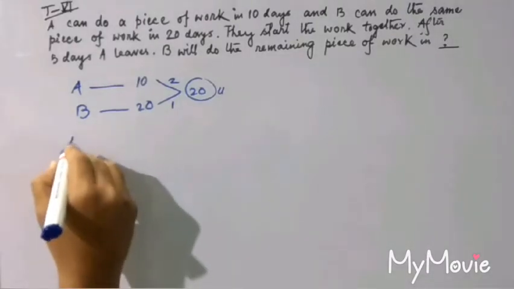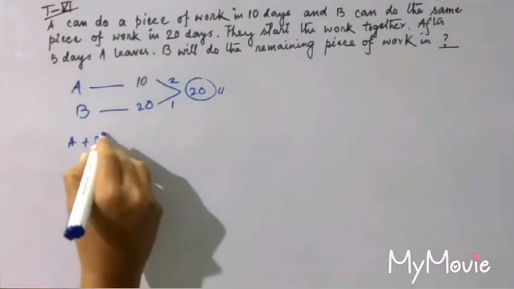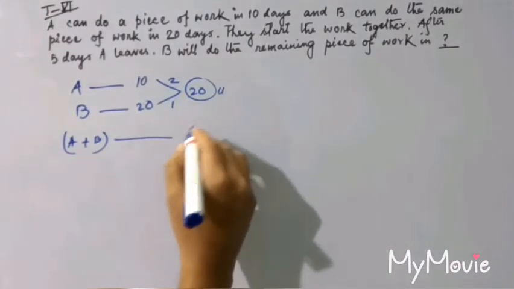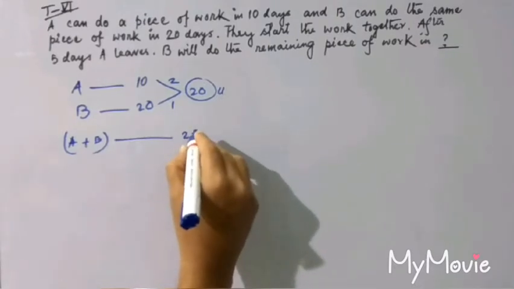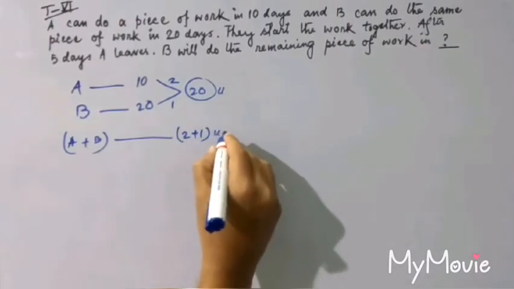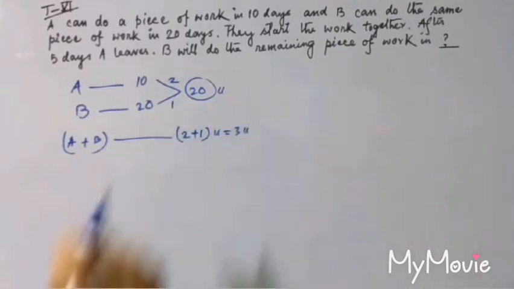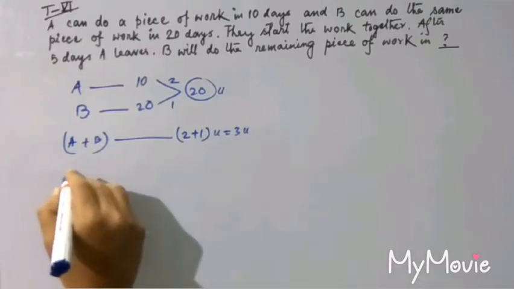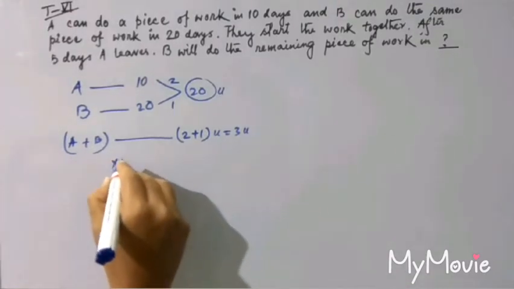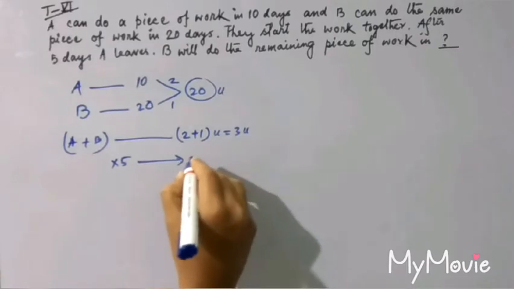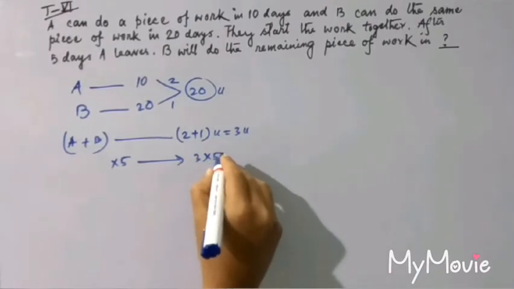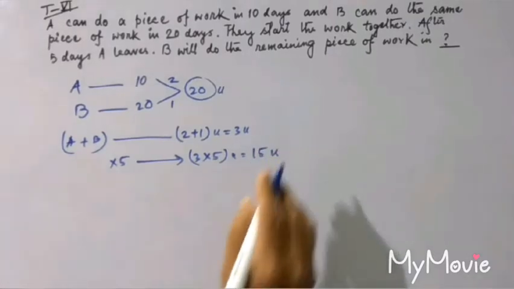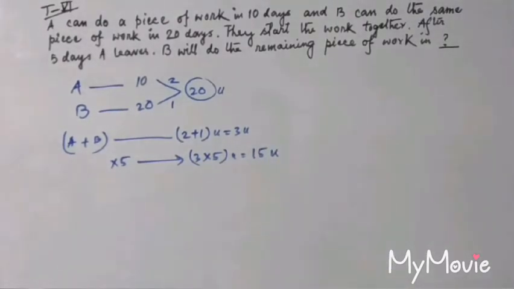For the first 5 days, A and B worked together, so 2 plus 1, that is equal to 3 units performed every day. Then work performed in 5 days is 3 multiplied by 5, that gives a total of 15 units of work performed in 5 days.